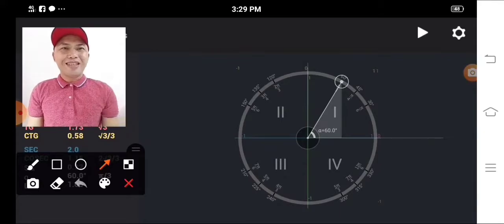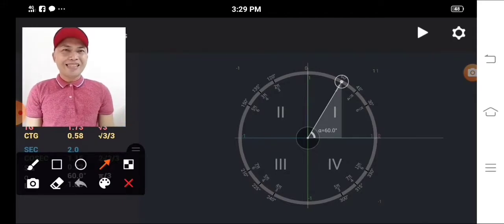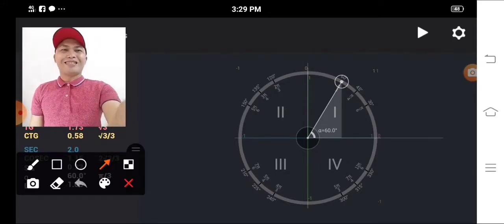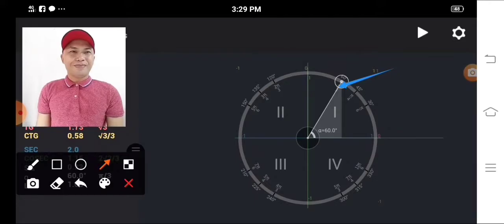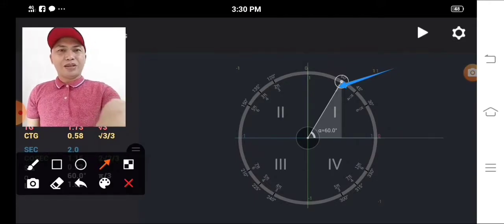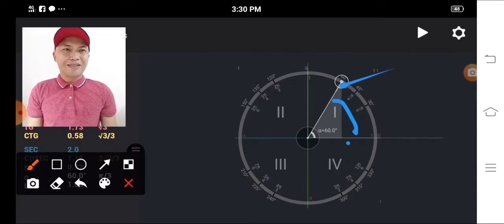So we can now easily identify its coterminal angles, the positive and the negative coterminal angles. So again, this is its terminal side. Its positive coterminal angle is from the x-axis going to this one.